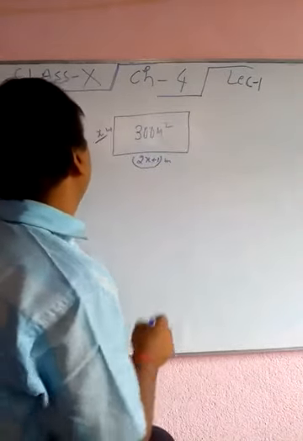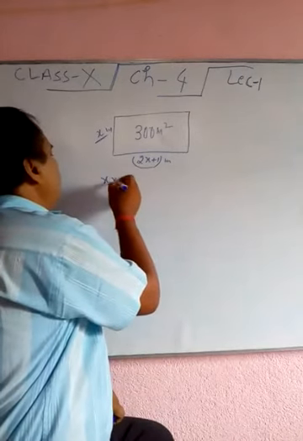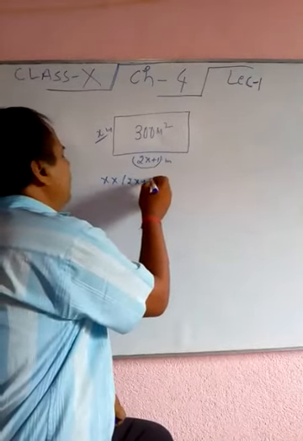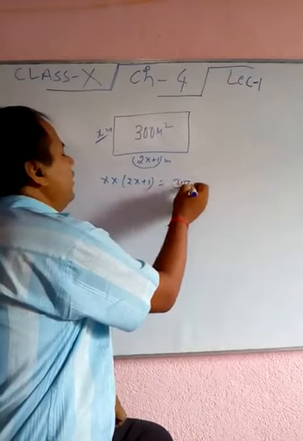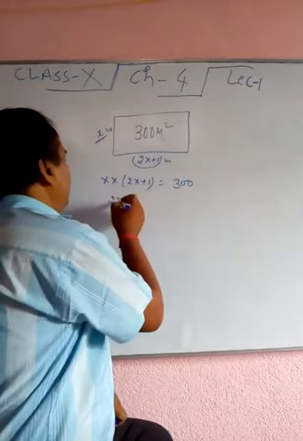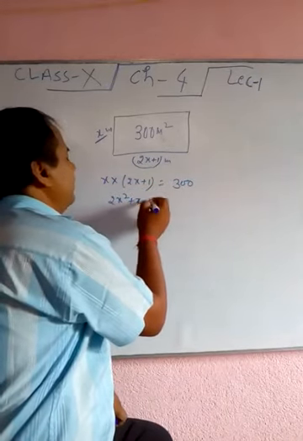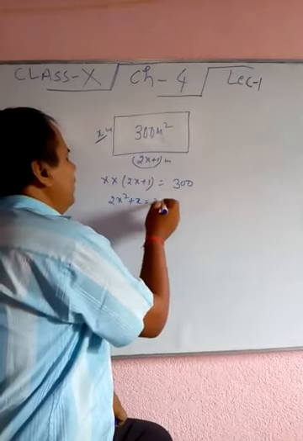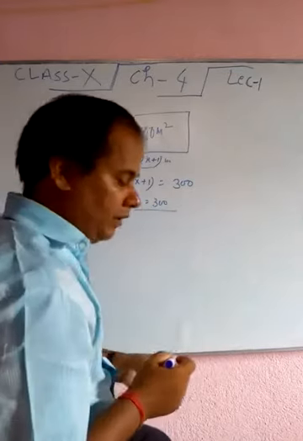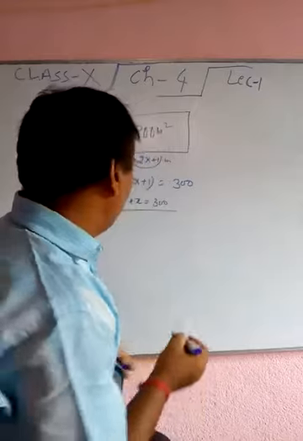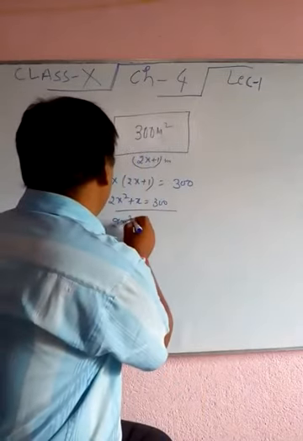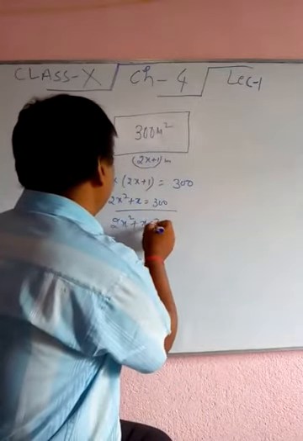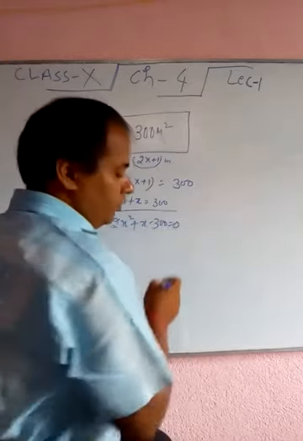How will we find it? We have to find x into 2x plus 1 is equal to 300, and here 2x square plus x is equal to 300, or 2x square plus x minus 300 is equal to 0.